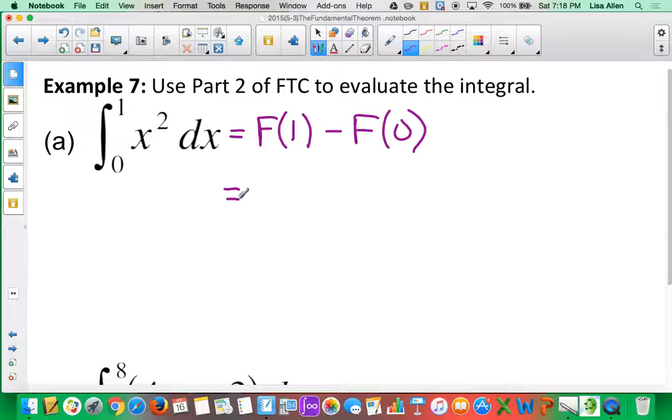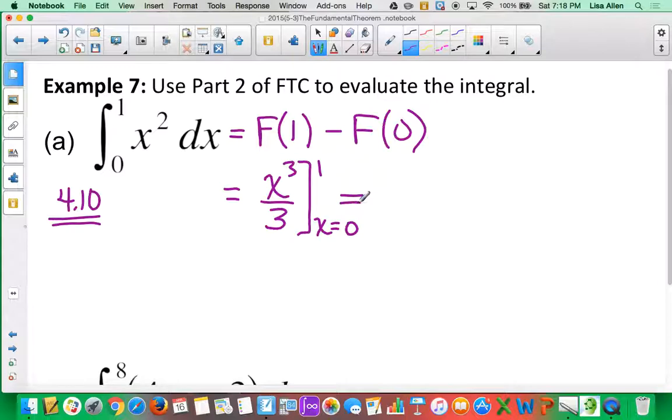So we get the antiderivative of x squared. We already know from section 4.10. You'll be reviewing some of your notes from 4.10, the antiderivatives. So we have x cubed over 3. And then we're going to put a bracket on the right-hand side, and we're going to say from x equal to 0 to 1.